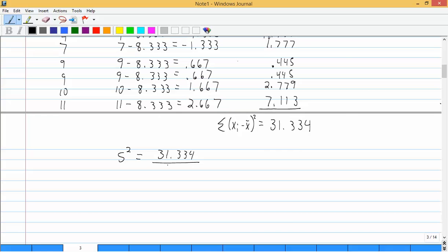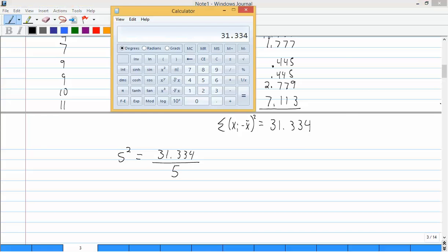So that's going to be divided by 6 minus 1, or 5. Alright, I got 6 point, if I rounded this to 3 decimal places, it would be 6.267.